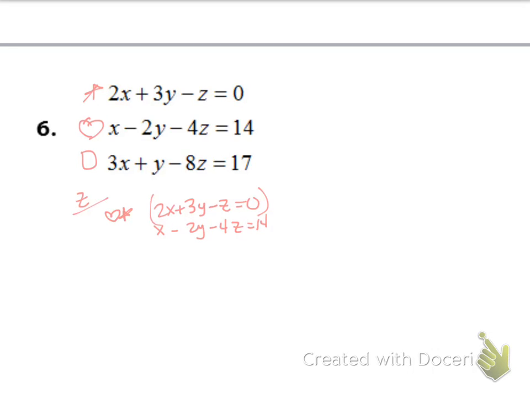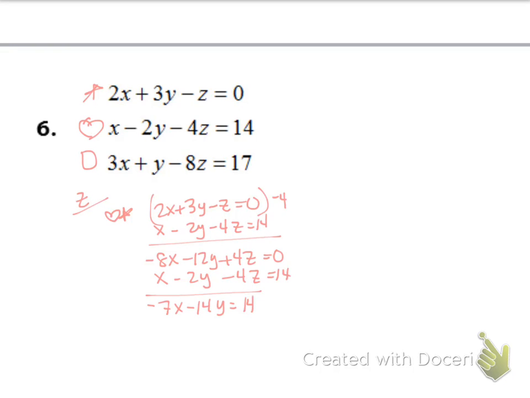So I'd have to multiply him by a negative 4 to get it to be a positive 4 and a 4. So I get a negative 8x minus 12y plus 4z equals 0. Drop my untouched underneath it. So I get a negative 7x minus 14y is equal to 14.